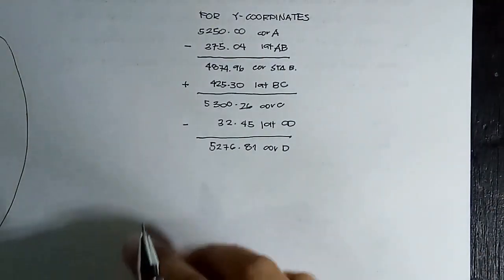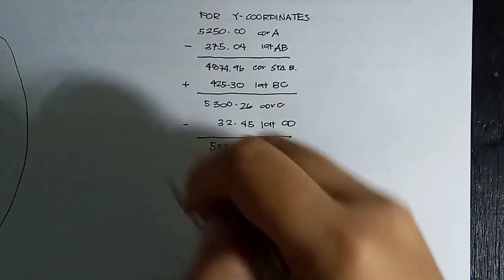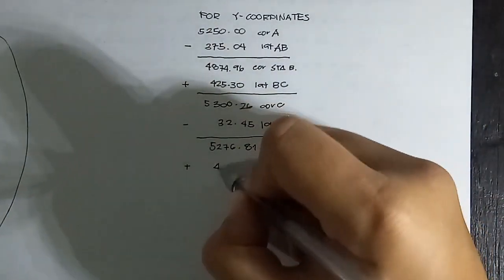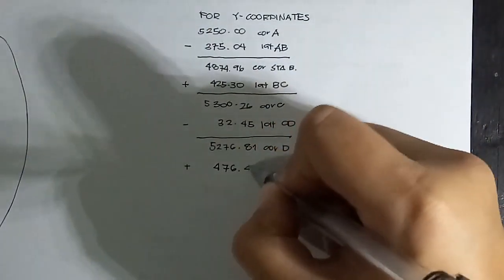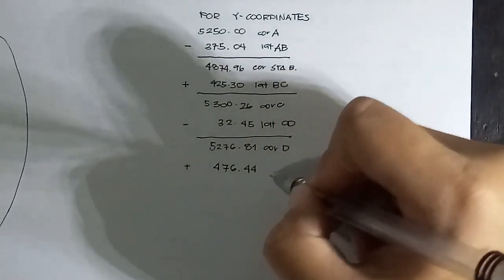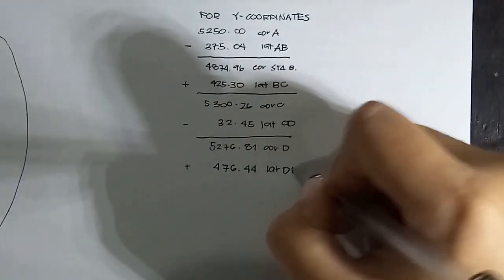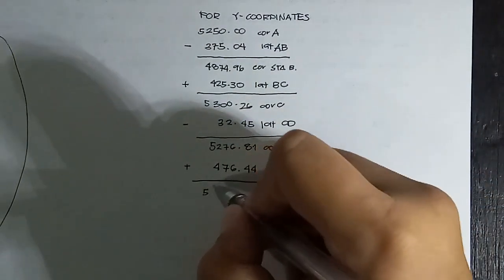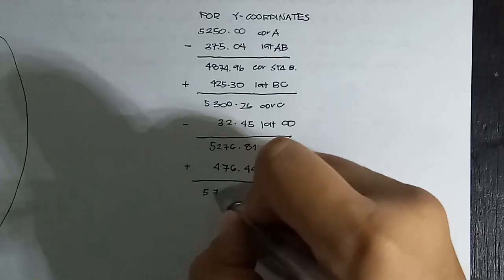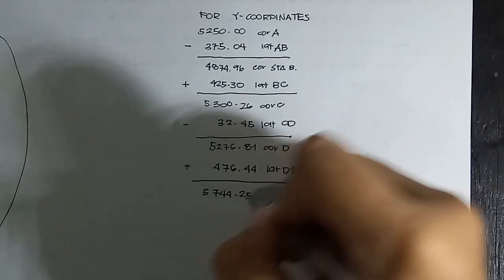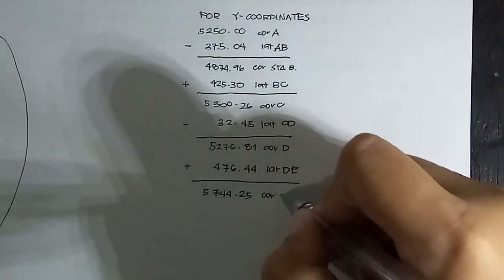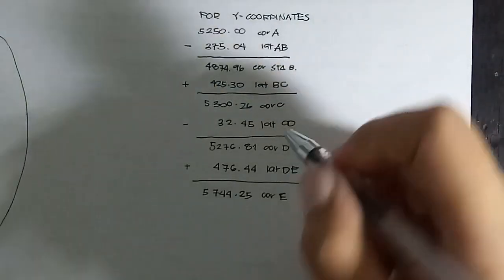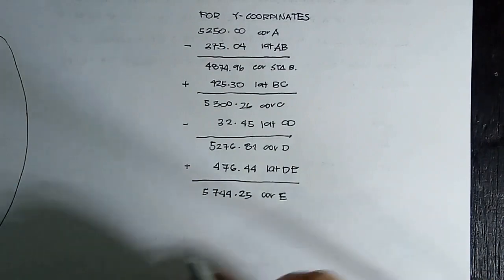Now, makikita naman natin ulit is nasa north. Yun naman yung susunod nating value. So, mag-a-add ulit tayo. Yung value naman na yun ay 476.44 and latitude siya ng DE. Ang total nun ay 5,744.25. Doon naman sa station E. So, i-add natin yung susunod since to north siya ulit.